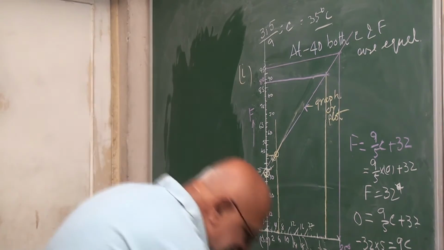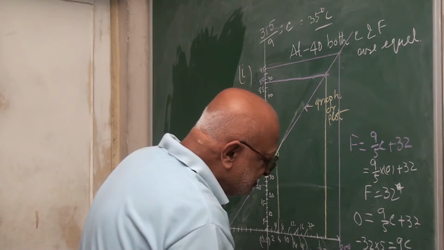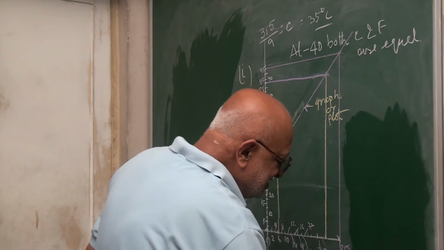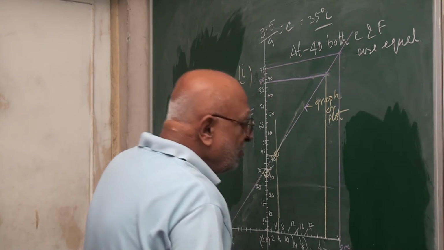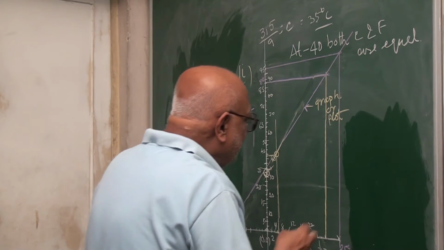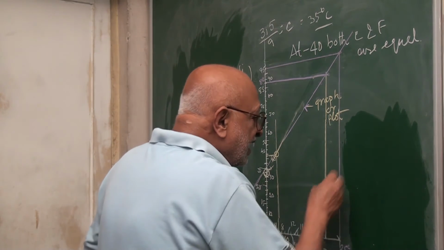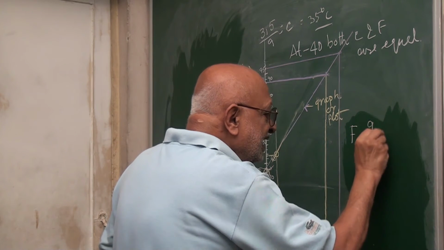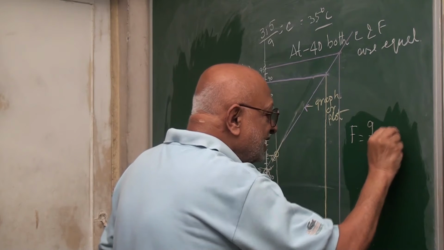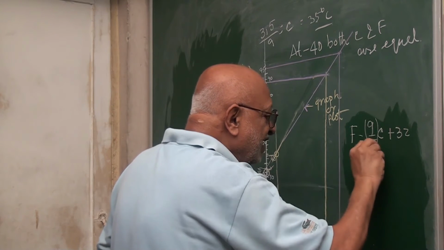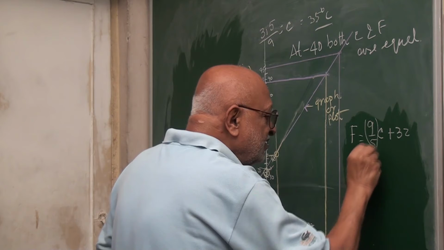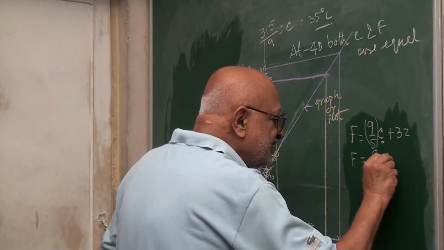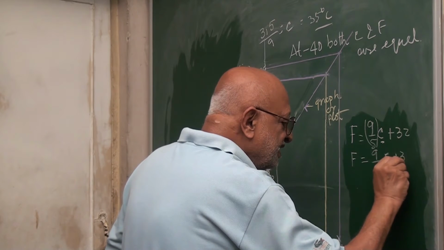So let us erase this portion also, because this has got no use for us anymore. Here I retain the F, and for C plus 32, I substitute 9 by 5 F plus 32.